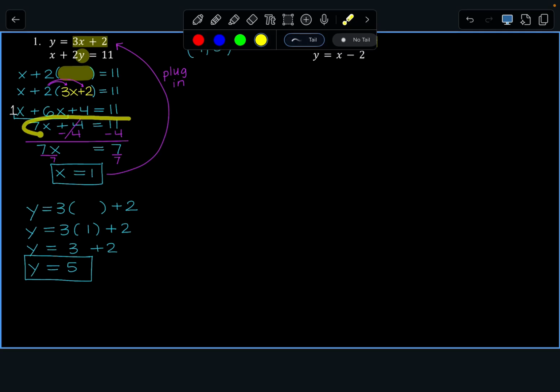That's how we got to here. We finished solving for x. So again, we started with the piece that was being added or subtracted to get rid of it, and then we had to divide to get x alone. Then plug back in to solve for the other letter. Let's try this again for number 2.